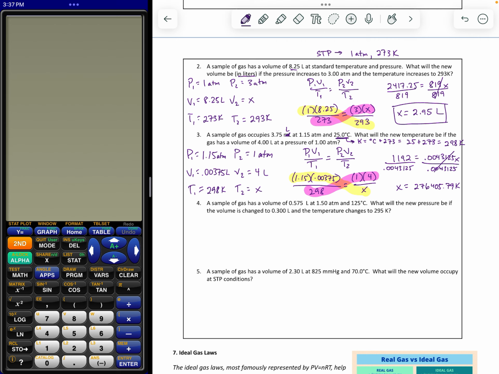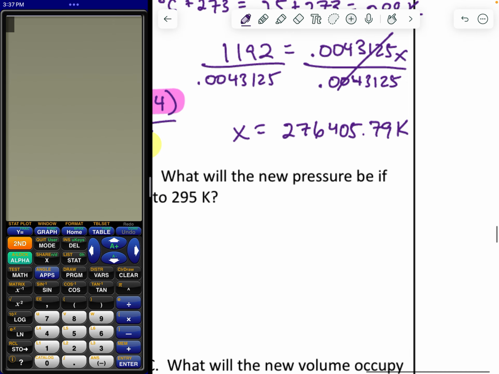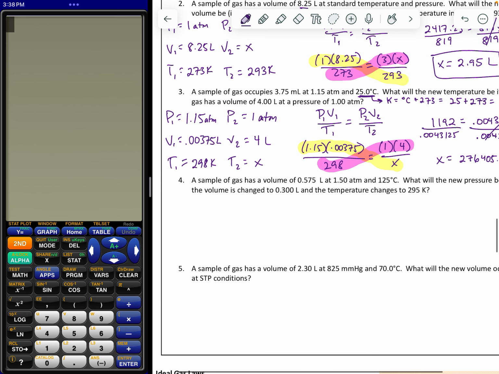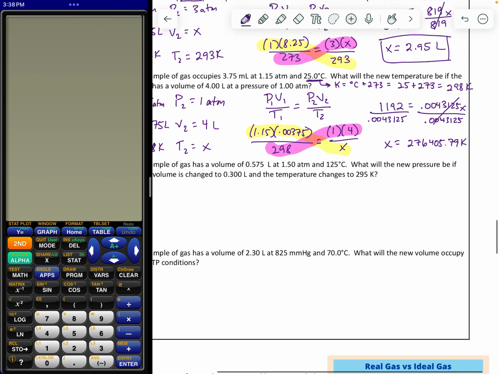Let's just leave it. So at least we kind of have the idea, right? Obviously, this is an incredibly large number, and the way that this is written out, I'm sure that this should have been liters to begin with. But again, to stay consistent, just making sure that we threw in a unit conversion there, which is totally fine.